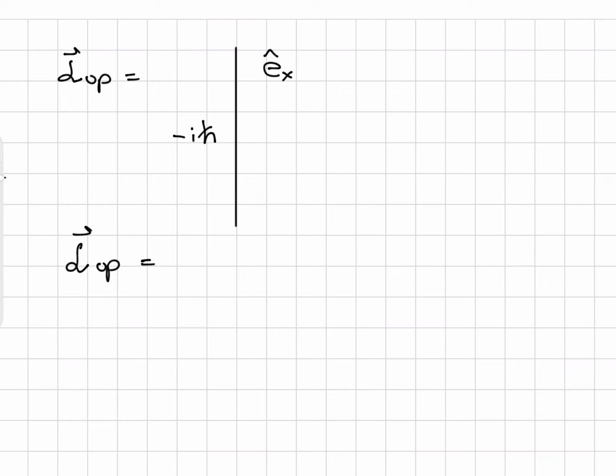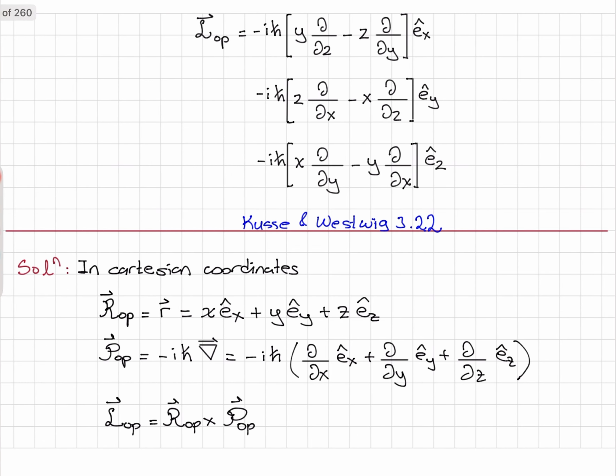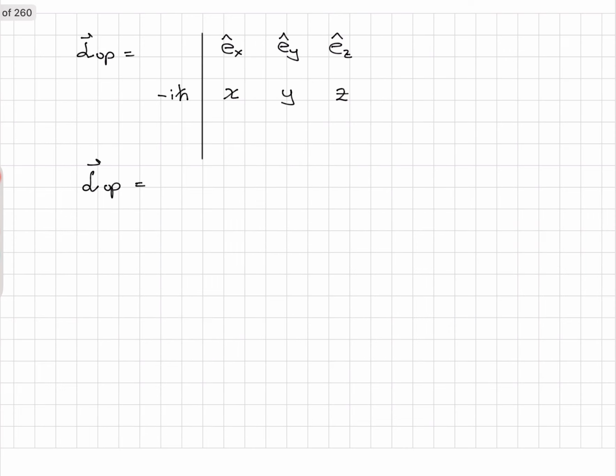For the position we have x, y, and z. Now the order matters here, so this is R cross P, not vice versa, so we have to write x, y, z first, and then we're going to write the components of the linear momentum operator: minus i h bar del/del x, minus i h bar del/del y, and minus i h bar del/del z.